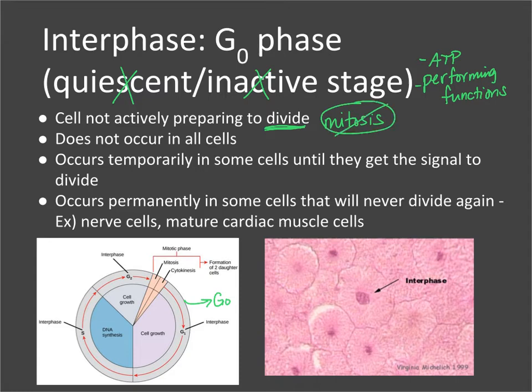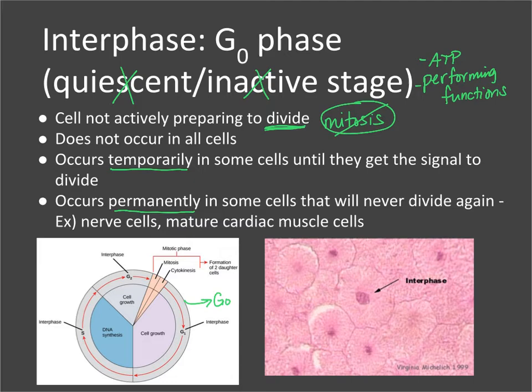Now this G0 phase does not occur in all cells. So some cells never go into the G0 phase, and so they're constantly replicating. Some cells go into the G0 phase temporarily, meaning that they might stop preparing to divide for a little while until they get the signal to start dividing again. And then some cells go into the G0 phase permanently, meaning that once they are produced, they will never divide again.